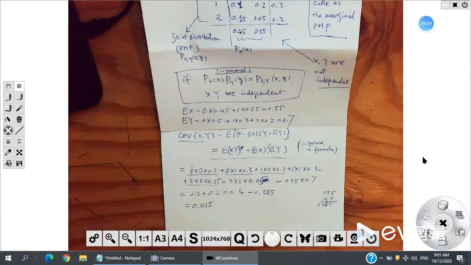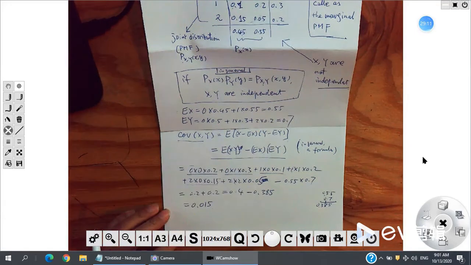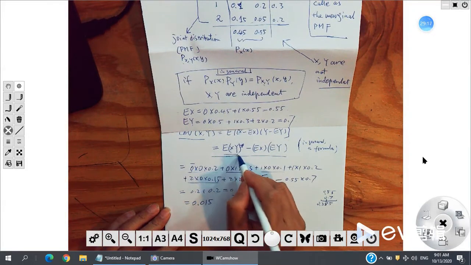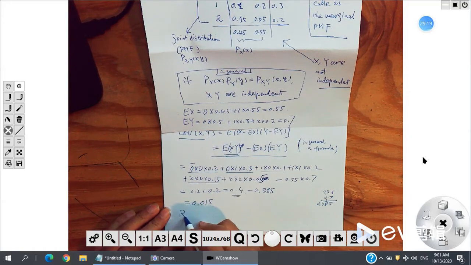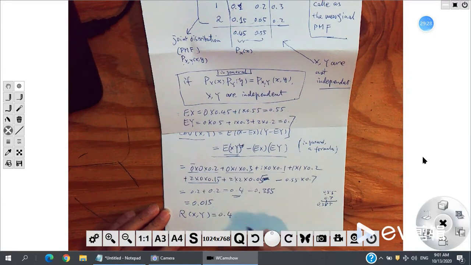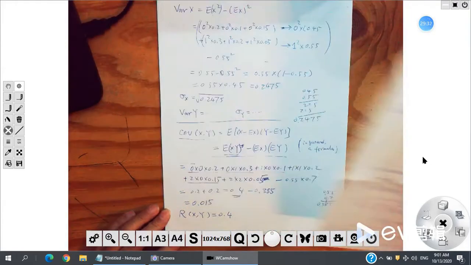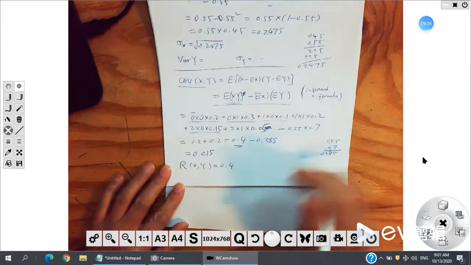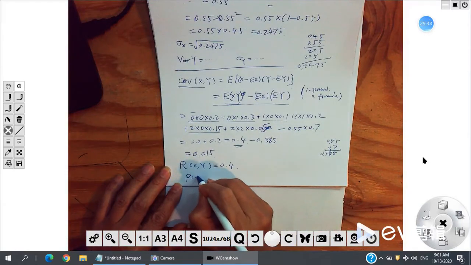We call this the covariance of XY. And of course at the same time we already have this one, E of XY, right? E of XY is R of XY, the correlation of X and Y, which is 0.4. We already have it, right? And if you want more, you can also have rho XY.